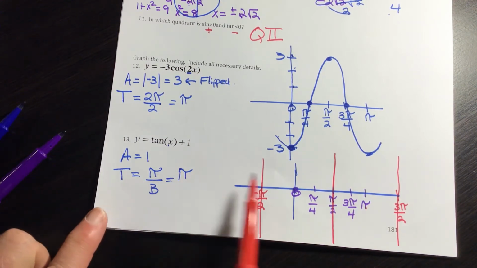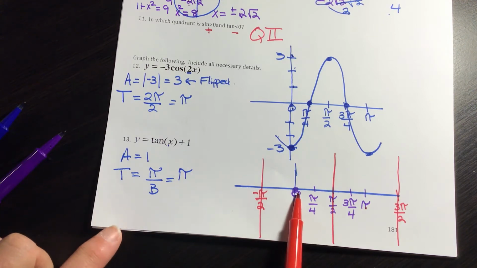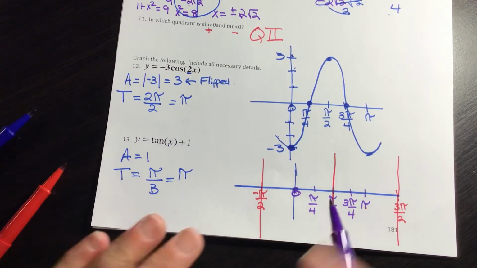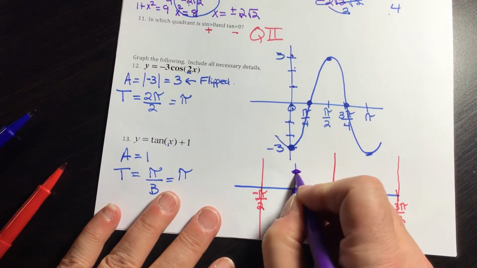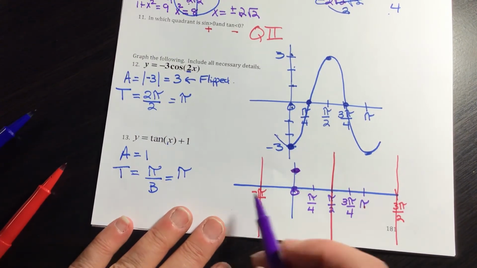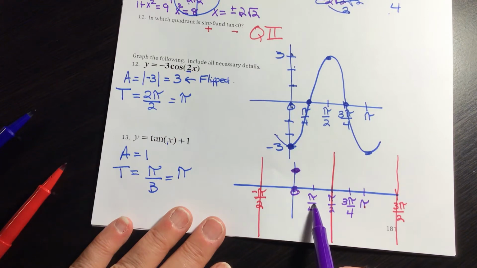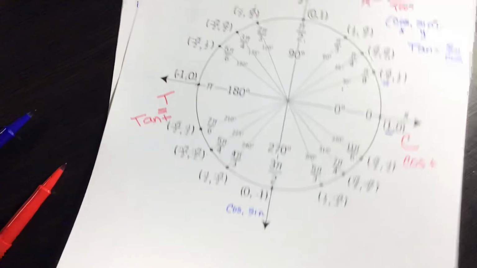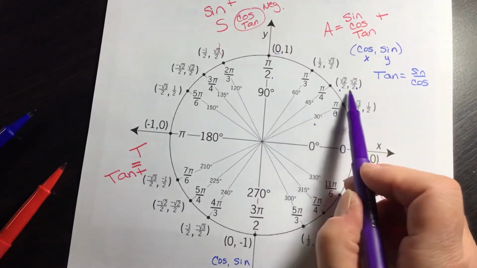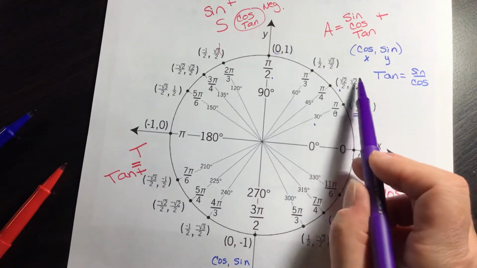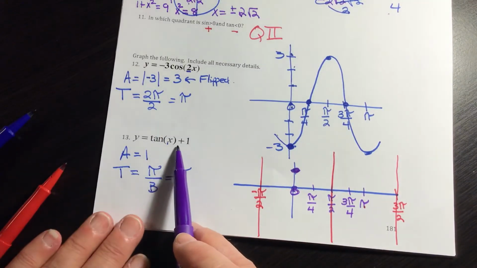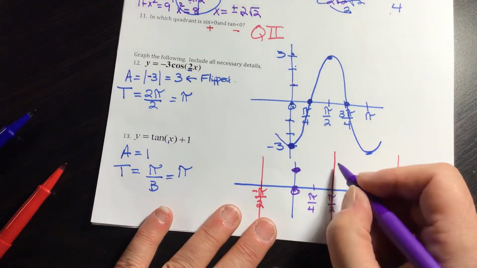All right, so if I have tangent of 0, I'm going to get 0, but then I need to move it up 1. If I have tangent of pi over 4, this is when I have the same number over itself, so this is going to be 1, but tangent of pi over 4 plus 1 is going to be 2.